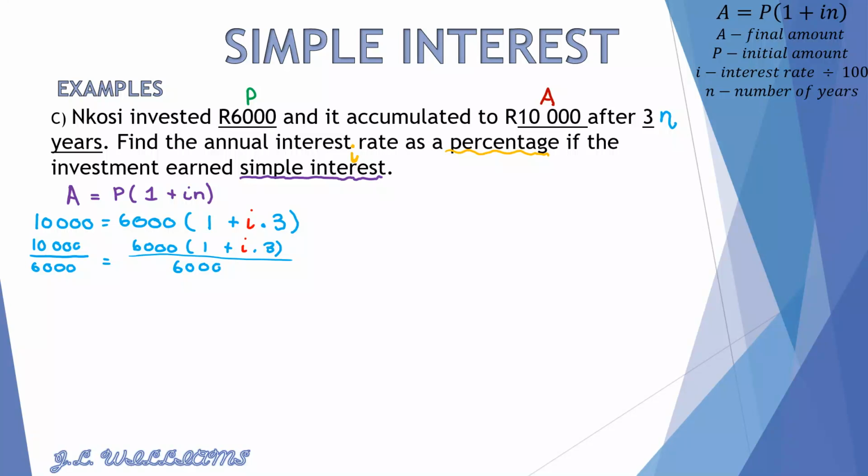Okay, at this point we get rid of the 6,000 on the right hand side, and I would say let's leave the left hand side alone, because if we round off too early we might lose some of the decimals that we require in our answer.